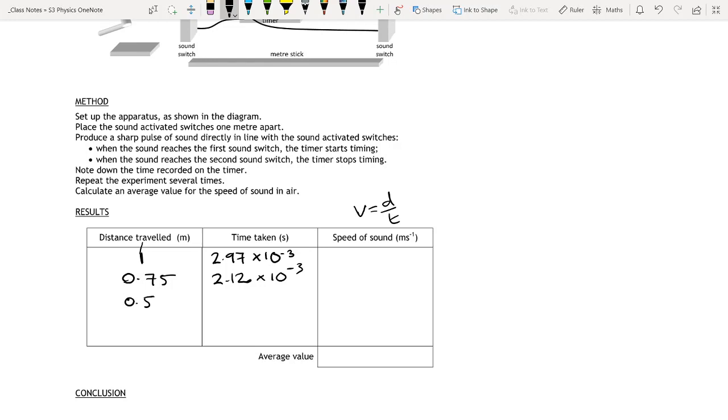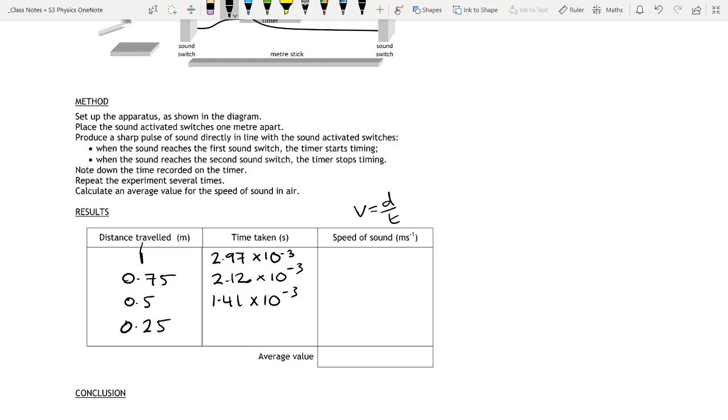Next one I'll go for is half a meter, so 0.5. 1.41. That's quite good, isn't it? And let's go for 0.25.